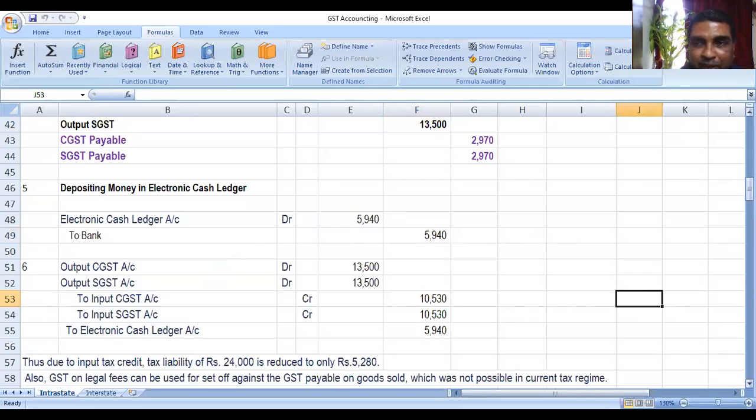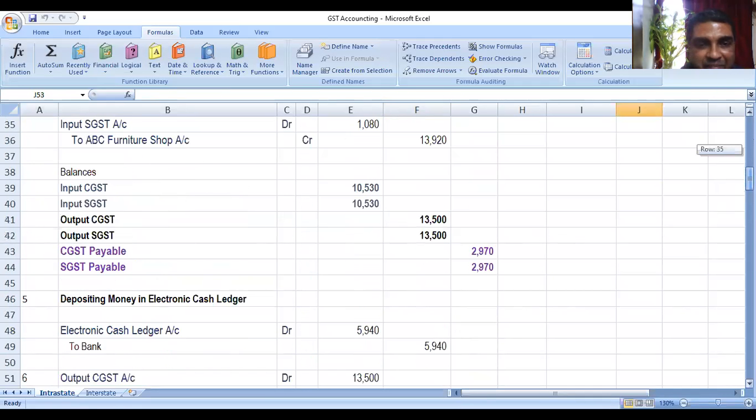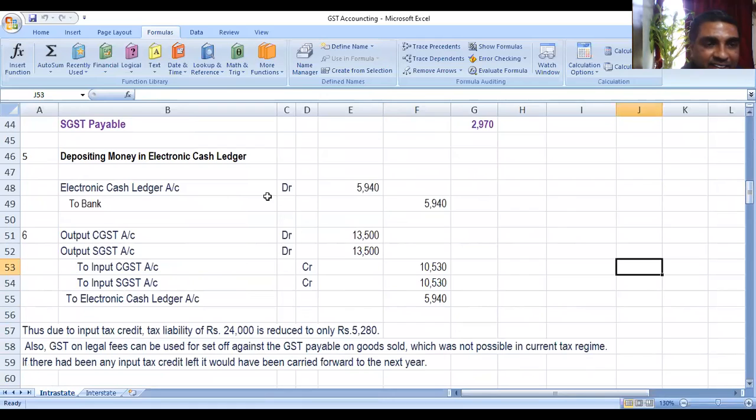That output liability was there. I had created output CGST account and output SGST account. I have to settle that. The entry is output CGST account debit, output SGST account debit, to input CGST account, because this much credit I have available.